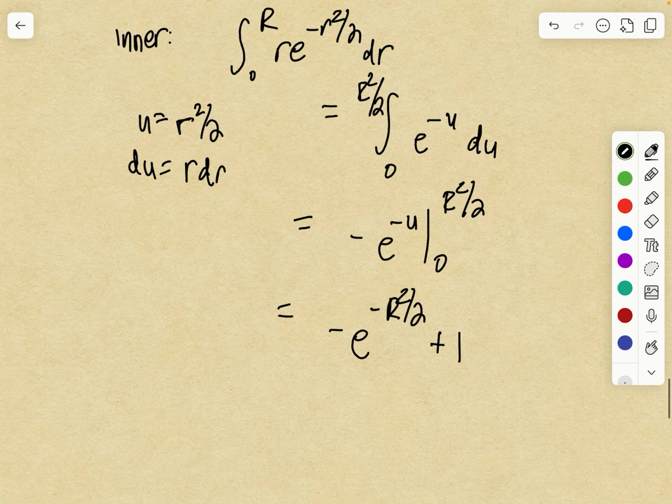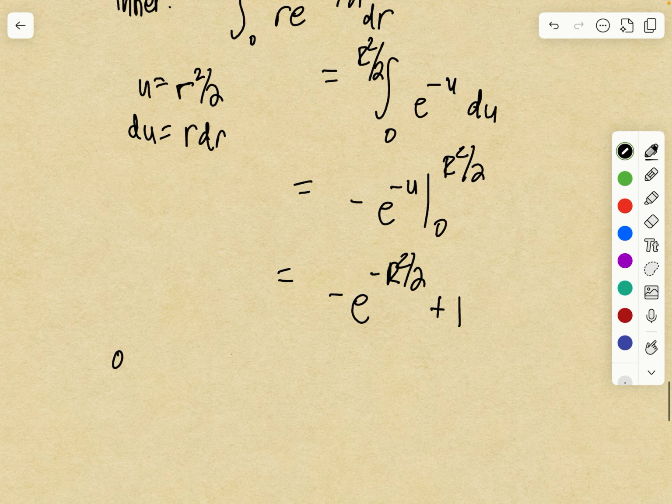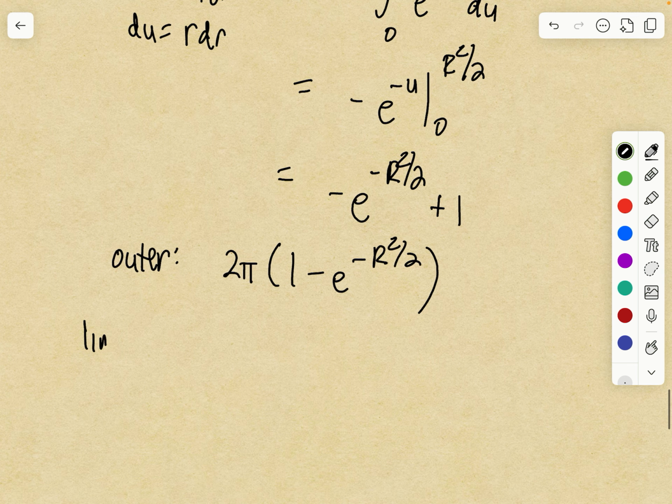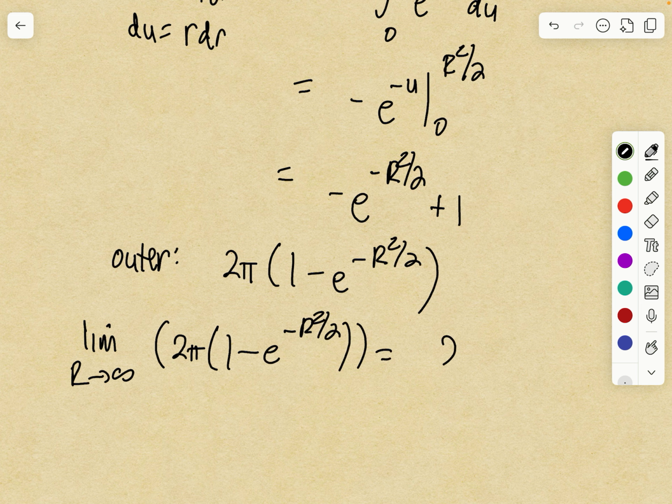So you get this. And then the outer integral, you just multiply by 2 pi. So you're going to get 2 pi times 1 minus e to the negative R squared over 2. And so when you take the limit as R goes to infinity of this, you just get 2 pi, right?